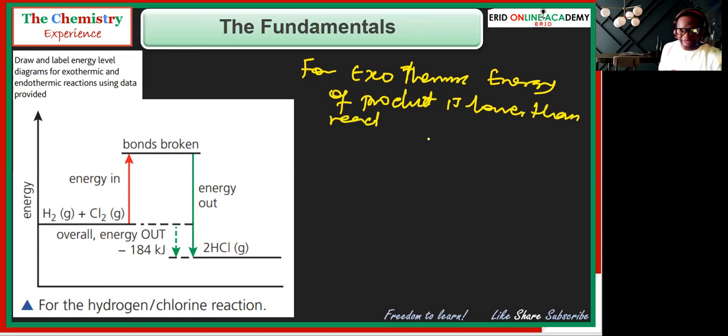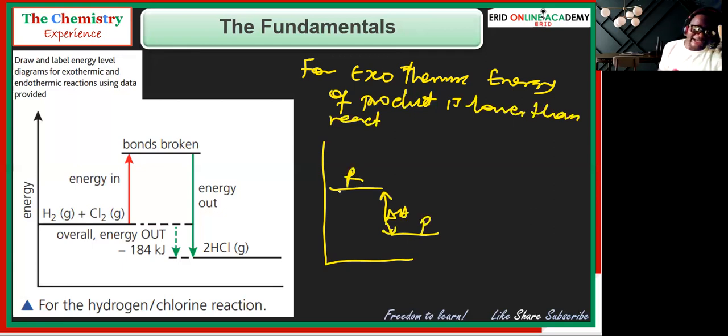So generally, even if you are drawing your diagram, if you start with a reactant like this, your product will be this. Then this will be your enthalpy change. So this is your exothermic. This is reactant and product. P is usually lesser than reactant for an exothermic reaction.